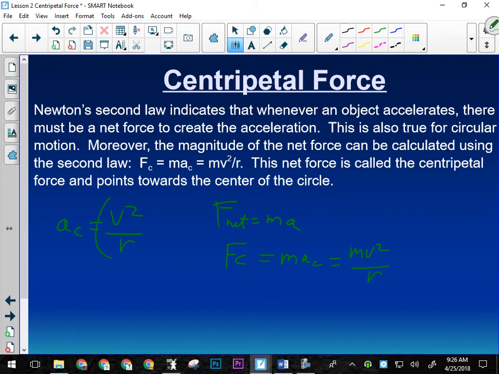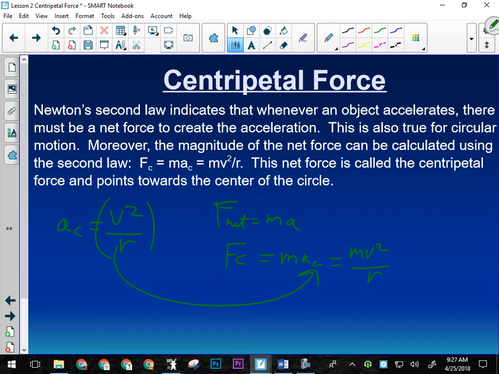I'm just substituting this in for this. That will be our most fundamental formula in this unit. Centripetal force is mass times centripetal acceleration, mv squared over r. Okay, we will use that as often as we used m times a in the last unit. Okay, so we use it all the time.